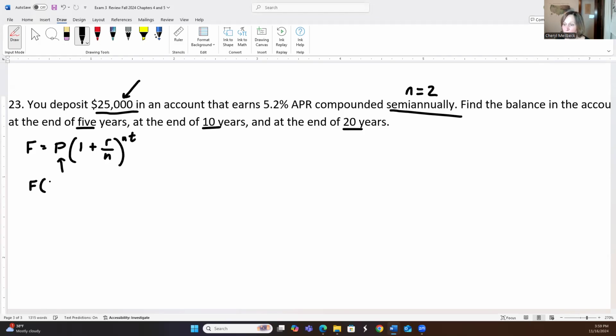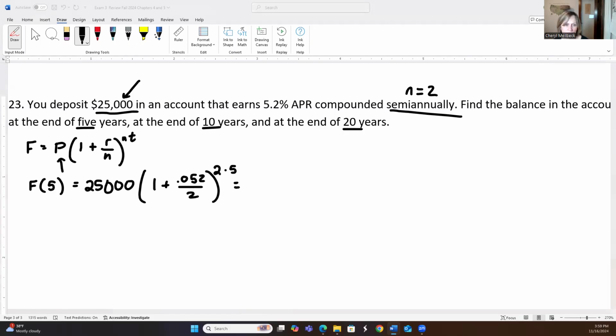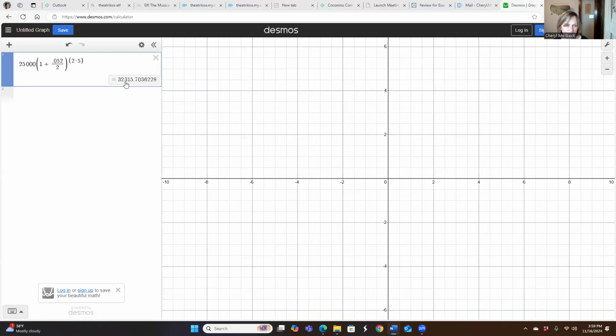So the future value in 5 years would be the present value, 25,000, times 1 plus the interest rate, 0.052 divided by 2, because it's compounded semi-annually, and then times 5. If we do this on Desmos, we get $32,315.70.